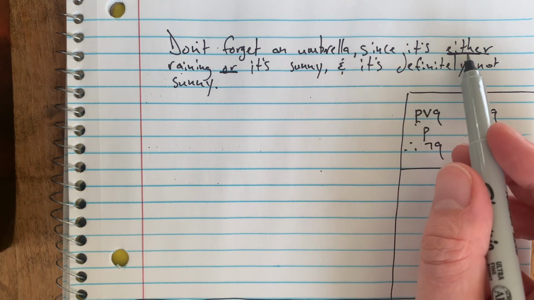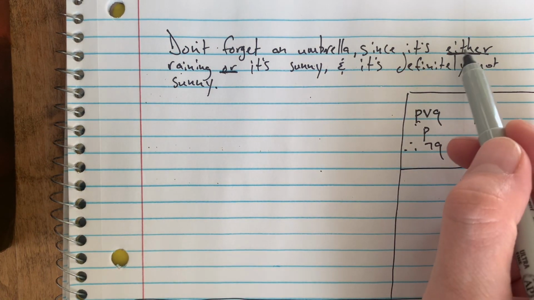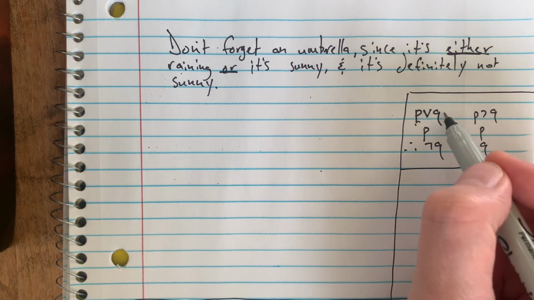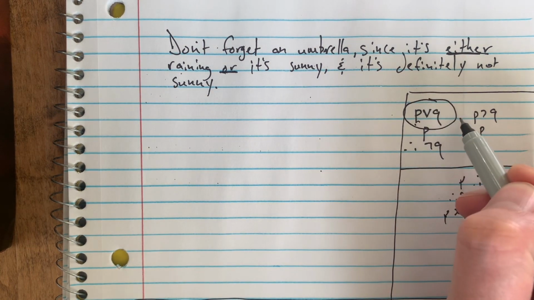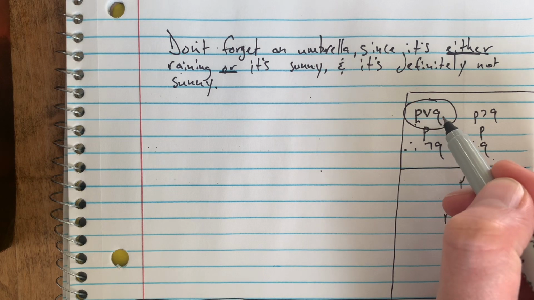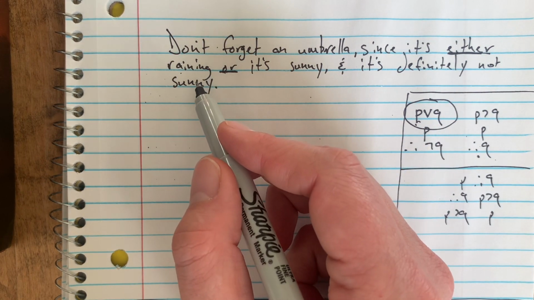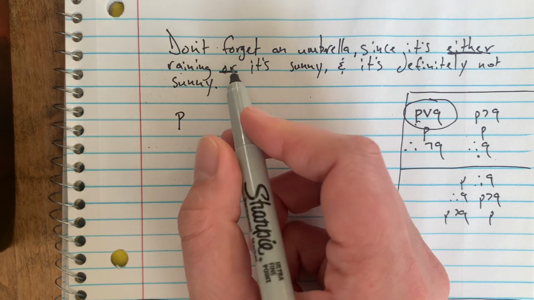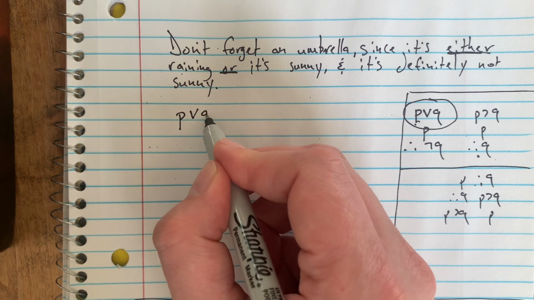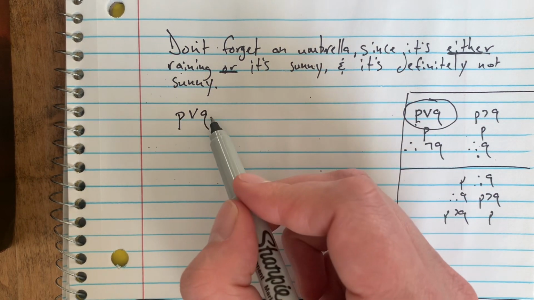If you've got an either or or an if then, underline it so you know this is going to be our first premise. It's either raining, so either it is raining, P, or it is sunny. So it's raining is P, and it's sunny is Q.